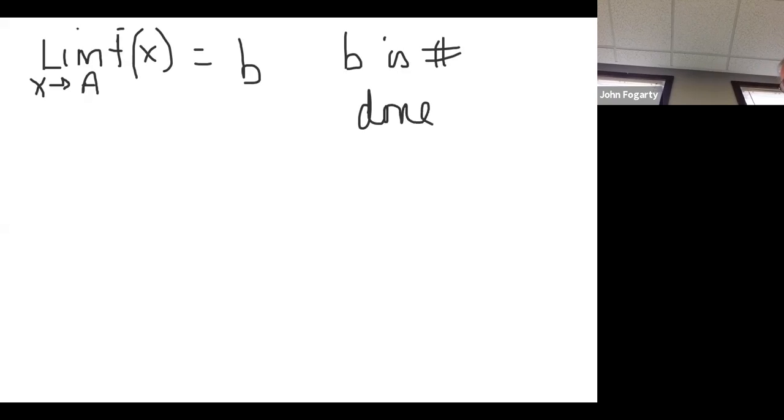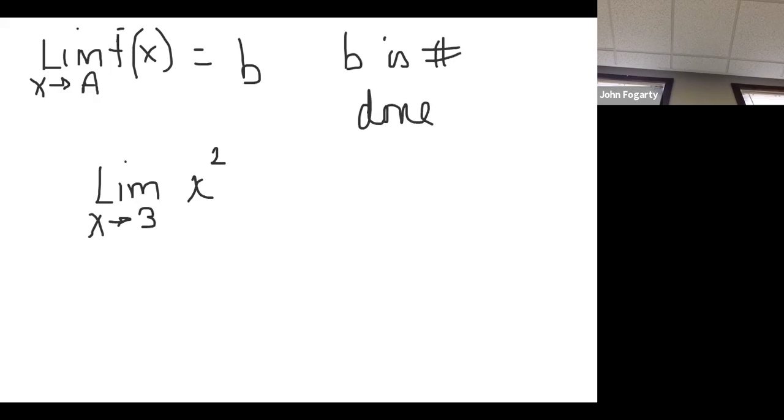So for example, what is the limit of the function x squared as x approaches 3? Well, if I take direct substitution, I'll just take the 3, put it where I see x, and I come up with 9.